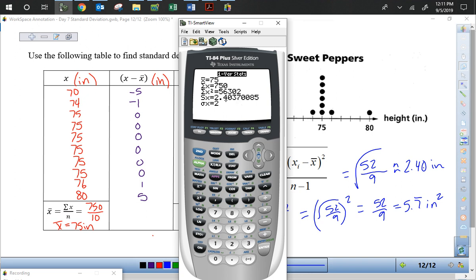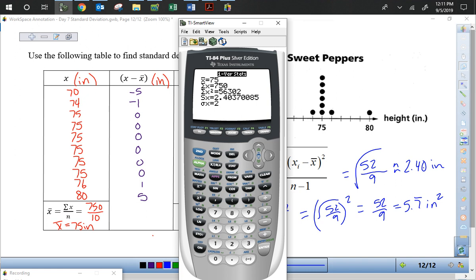I told you a little bit the reason we use sample is to account for error. This is a little bit larger than the population, just in case we messed up somewhere by only choosing a sample of the population instead of the whole group. So the population will always be a smaller value because that has all of your information if it's the whole group, the entire population. So that takes care of the 2.40.